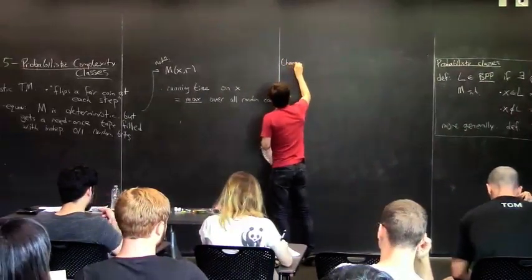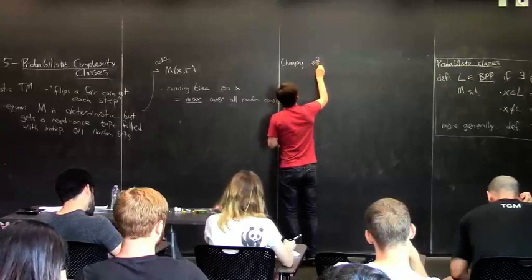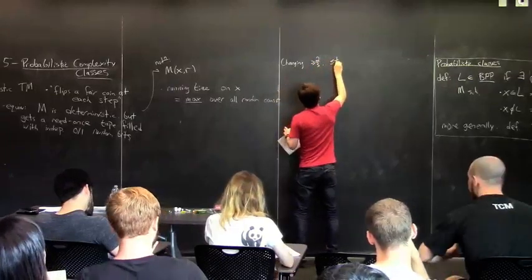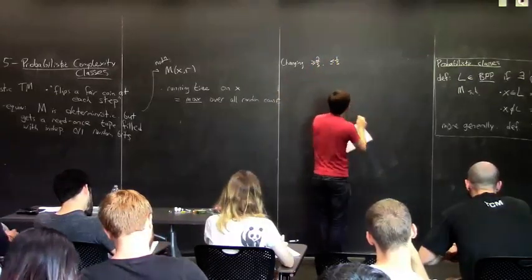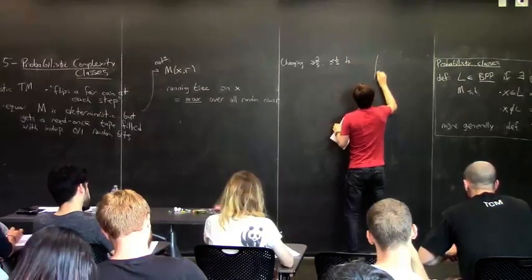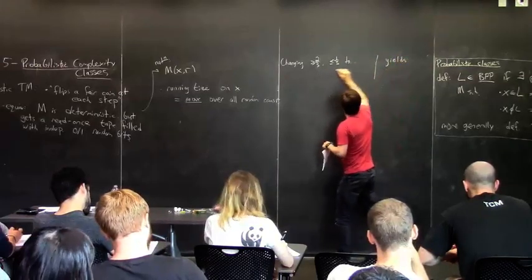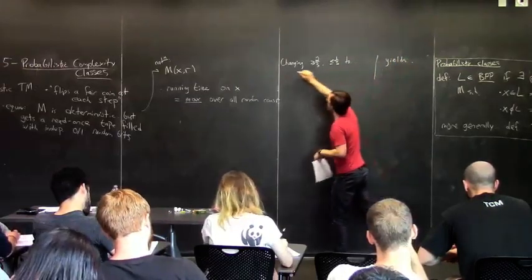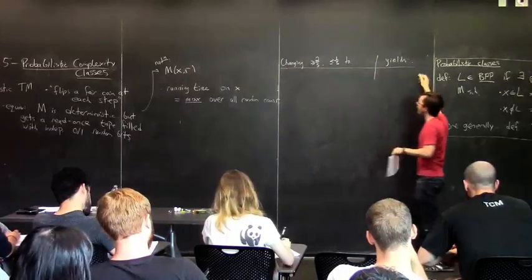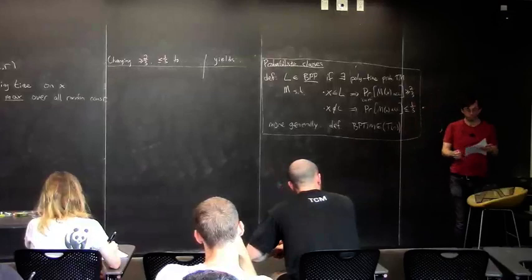What happens in this definition if you change greater than or equal to 2/3 and less than or equal to 1/3, on the two lines, to something else? What complexity class do you get? The first thing I told you is just by definition, if you put 2/3 here and 1/3 here, that's BPP.